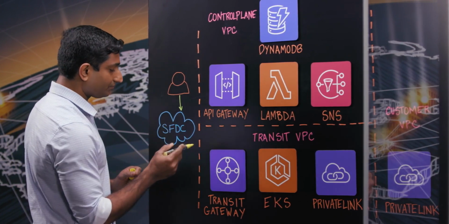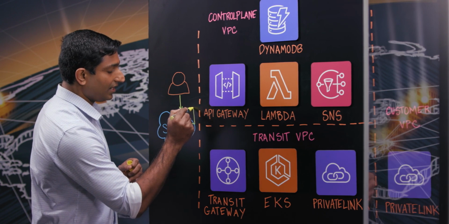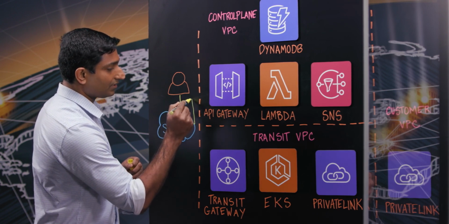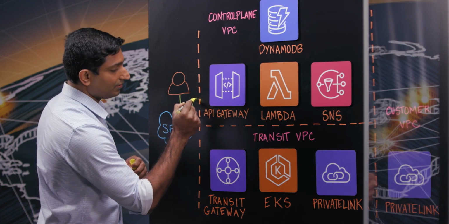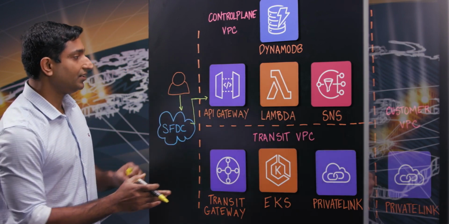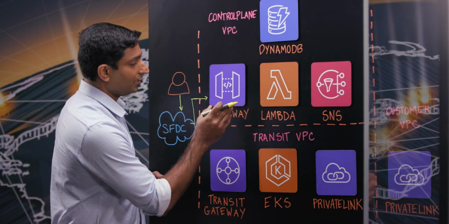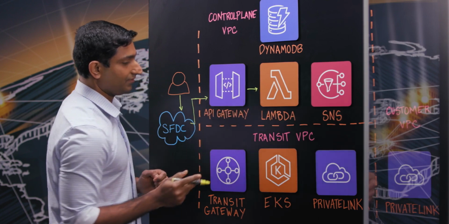So this helps in setting up private connection, and as part of the setup, a connection setup request is sent to the control plane VPC's API gateway. This API gateway forwards the request to the lambdas behind the API gateway.